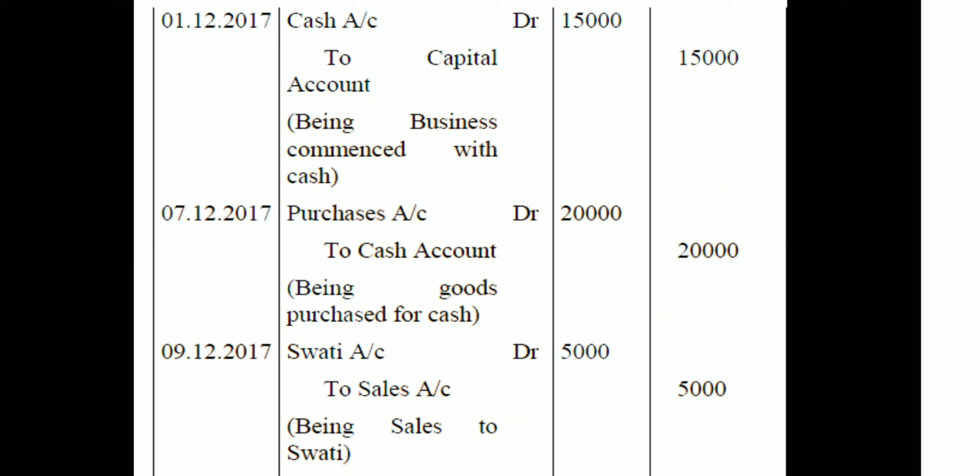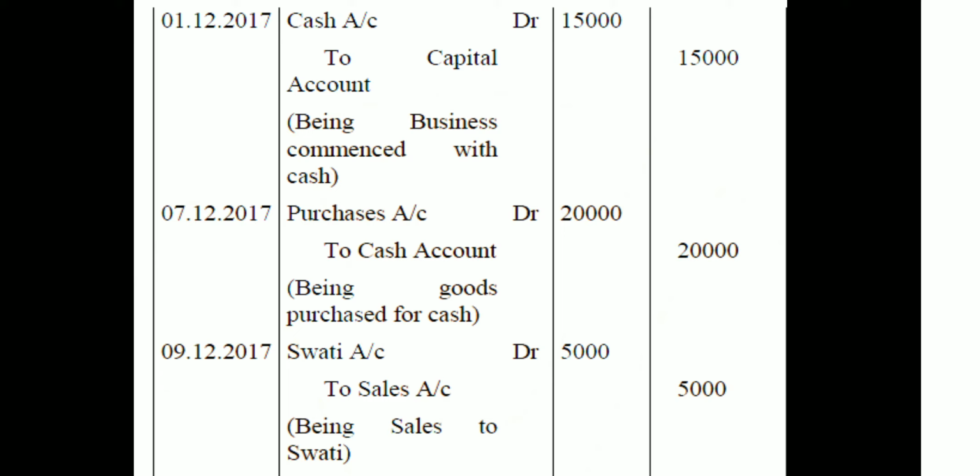You can see in this entry the name of Swati is given. It means this is a credit sale. When we sell something to a person on credit, it means at that time we get nothing. And when we get nothing, the name of that person to whom we sold the goods will be entered into the debit. So we will write here Swati account debit.